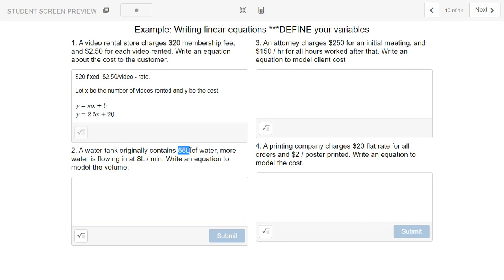Okay, we know that we have a starting point of 55 liters of water. Now, the starting point won't change. So we have a fixed value of 55 liters. Our rate now is 8 liters per minute.